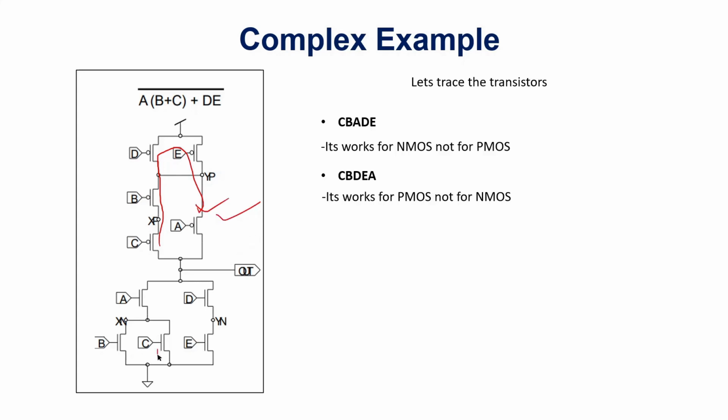Next, for NMOS, C, B, D, E. So it's crossing, so it's not applicable for NMOS. So we have checked two orders. Let's check another order, BCADE.